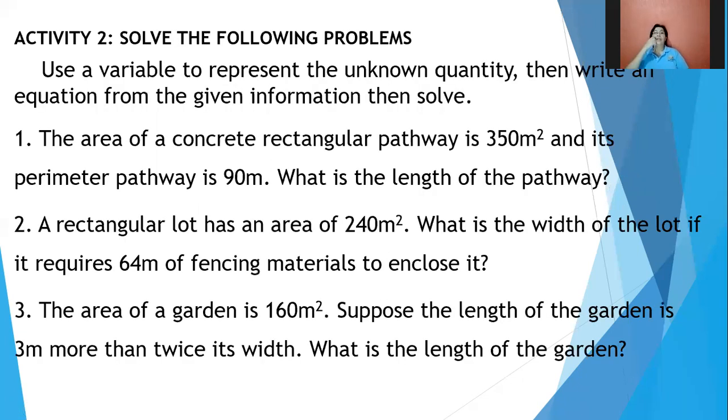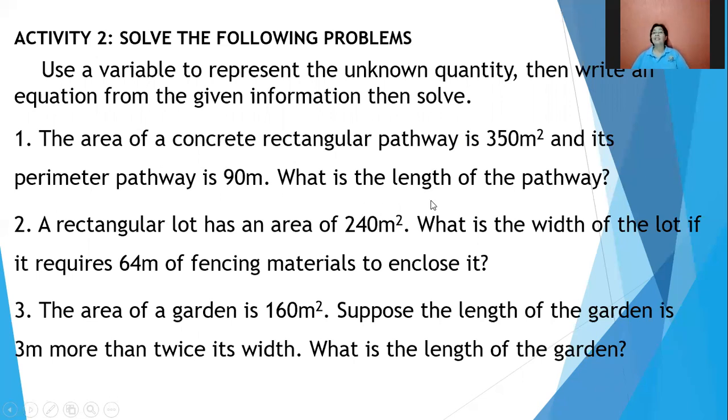Now, these are the problems. Use a variable to represent the unknown quantity, then write the equation from the given information, then solve. Number 1, the area of a concrete rectangular pathway is 350 square meters, and its perimeter is 90 meters.